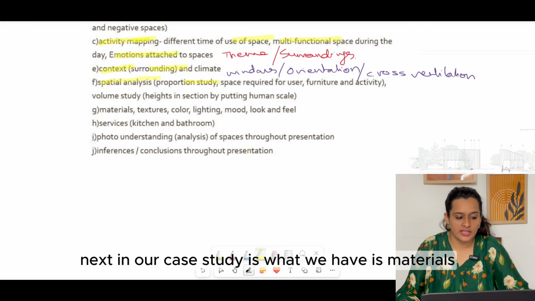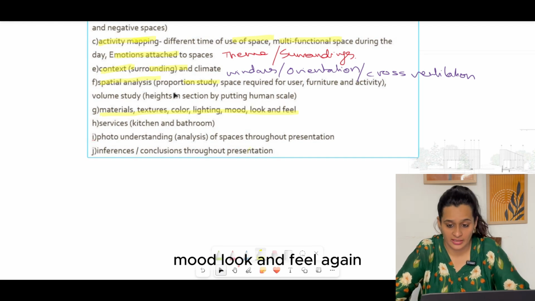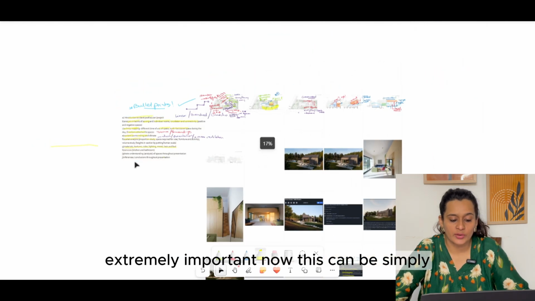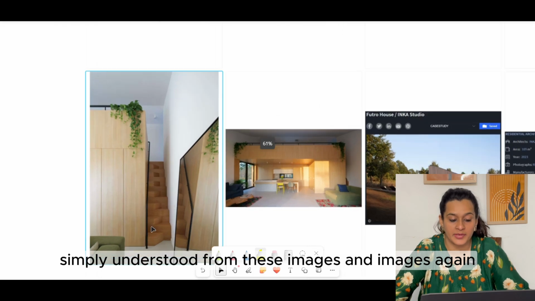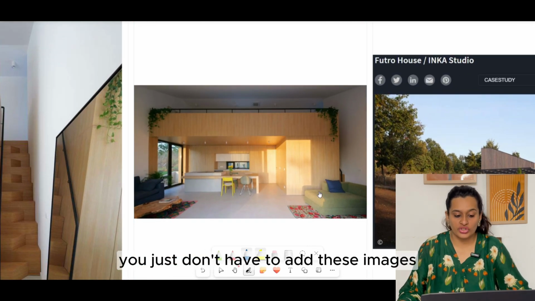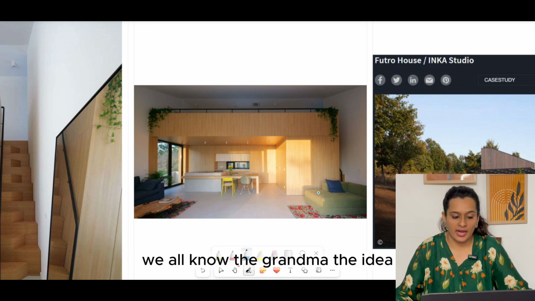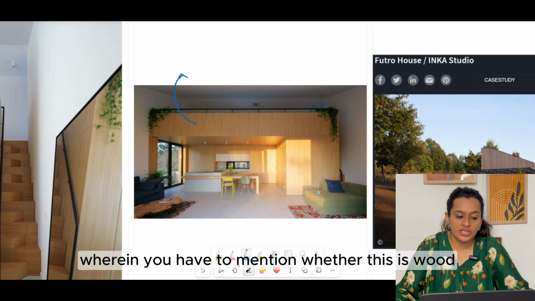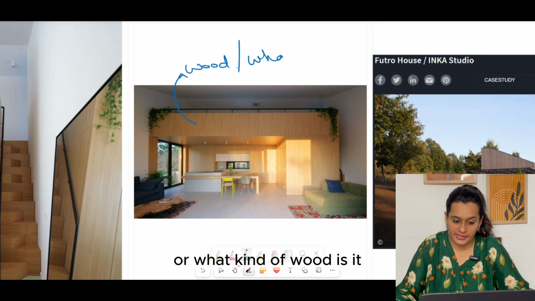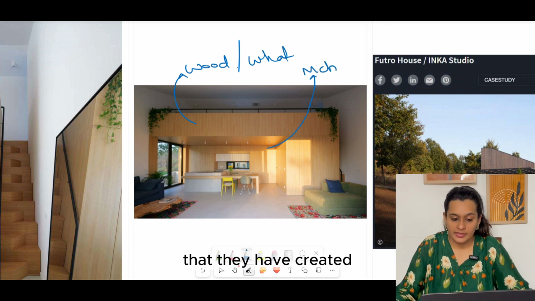Next in our case study is materials, textures, lighting, mood, look and feel. Again, extremely important. Now this can be simply understood from these images. And with images, again, you just don't have to add them. We all know the grandmother idea, wherein you have to mention whether this is wood or what kind of wood it is, and you have to mention that there is a niche here that they have created.